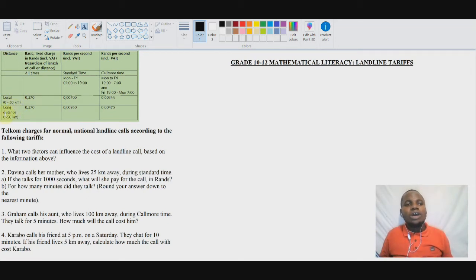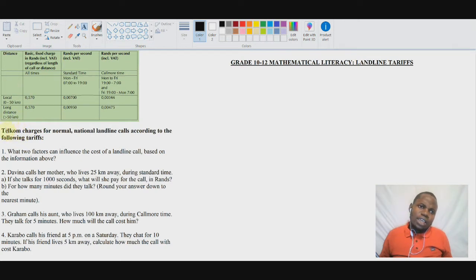And as well, you have a long distance call, which is any distance greater than 50 kilometers, according to this cell phone tariff table. Now, it's not always the case to say that international calls are regarded as long distance calls, because they are more than 50 kilometers, right? So this table is from a cell phone provider called Telkom, right?